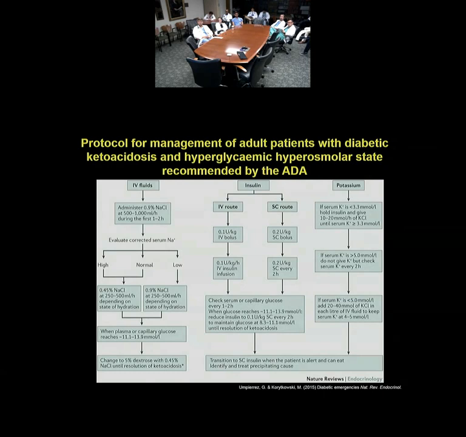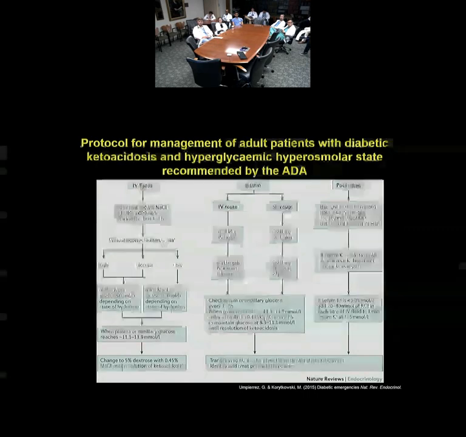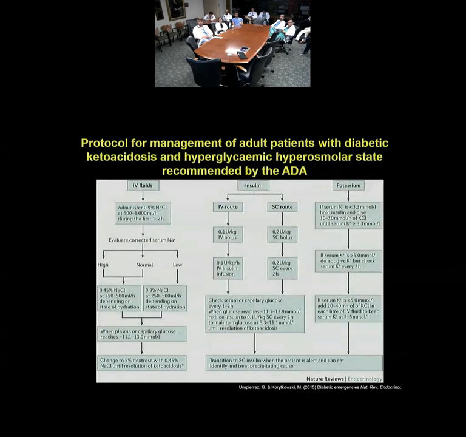So when the glucose goes down, you don't have to stop the drip, you just slow it down and you're giving half normal saline that has some glucose. And then when the patient is alert, can eat, and the gap is closed, you can start the sub-Q insulin. Always remember to overlap the drip with the sub-Q for at least 2 hours, because the sub-Q insulin will take time to get an effect.